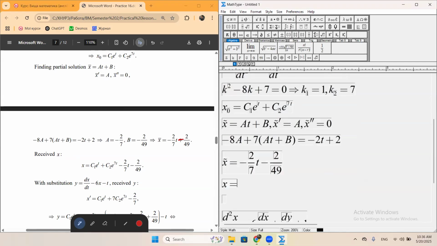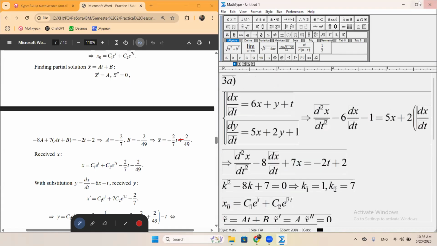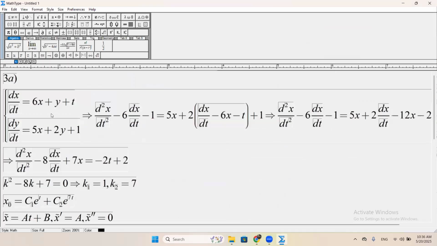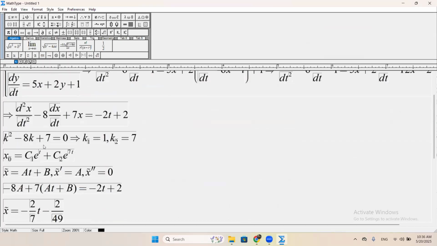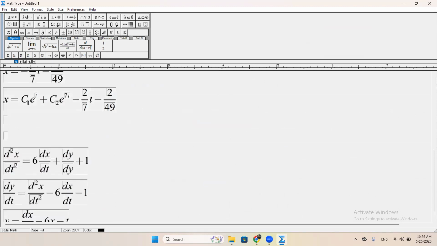So x equals the sum of the solution of the homogeneous equation plus the partial solution. And let's find y. y is found by this substitution. So let's differentiate x.